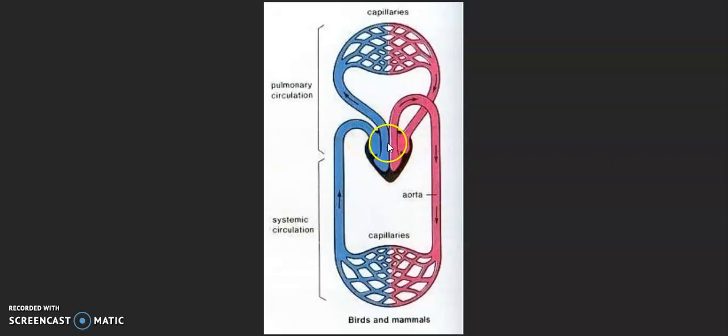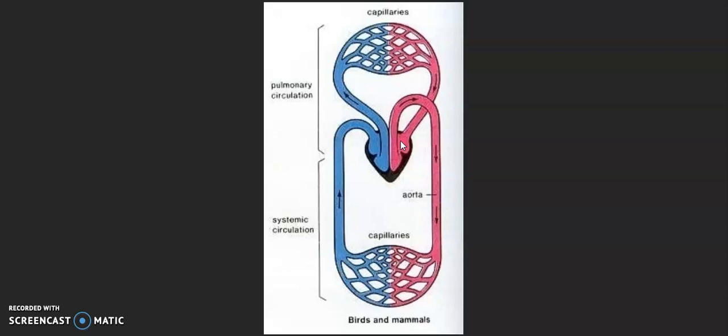And another valve that we cannot see here, but it's at the entrance of the arteries. So we have two hearts, one of them containing blood without oxygen, carbon dioxide pretty much, what we call deoxygenated blood, and another heart with oxygen in it.